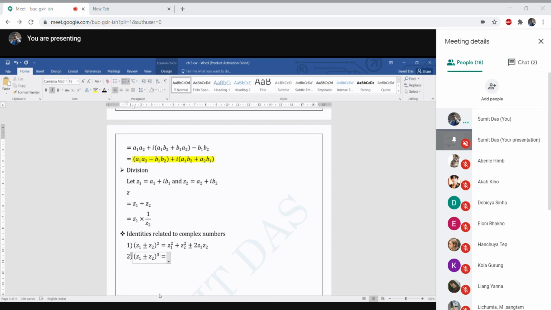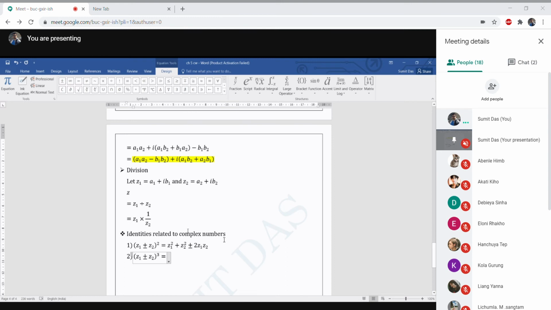Okay, similarly number 2 is z1 plus minus z2 to the power 3, that is z1 cube plus minus z2 cube, plus minus 3 z1 square z2 plus 3 z1 z2 square.